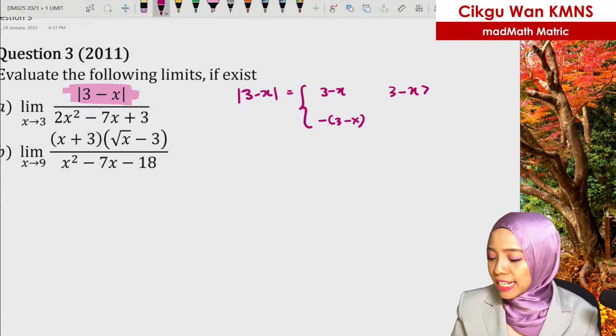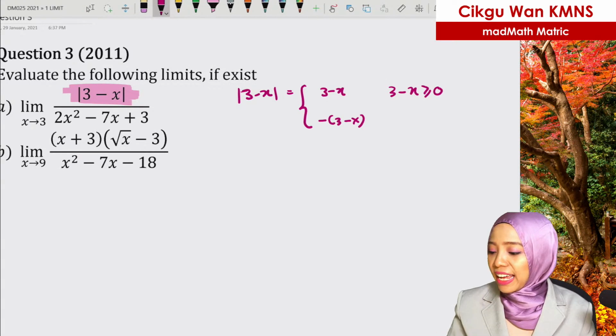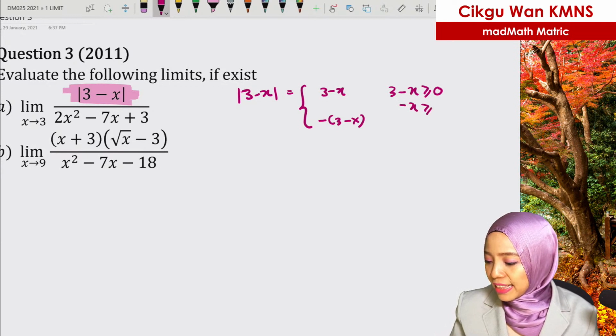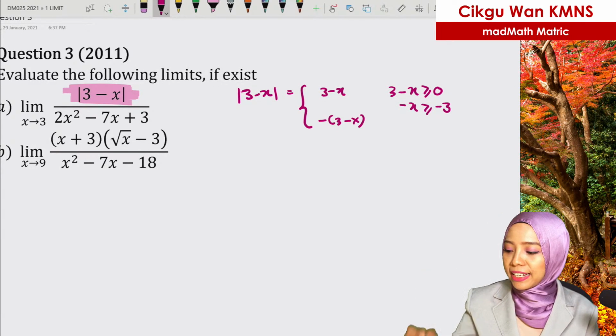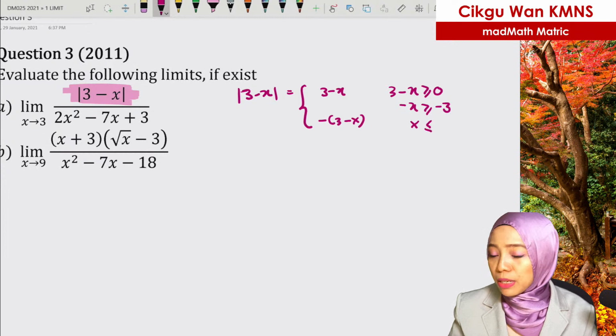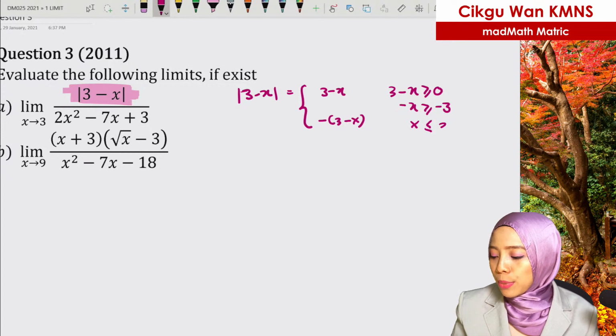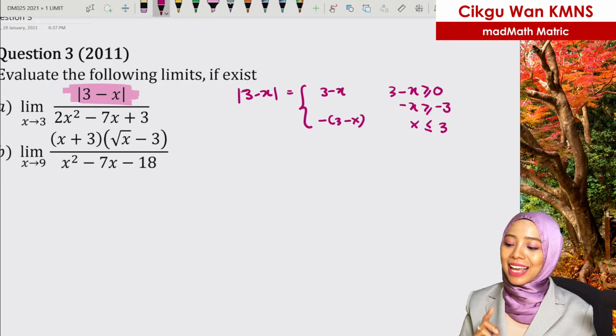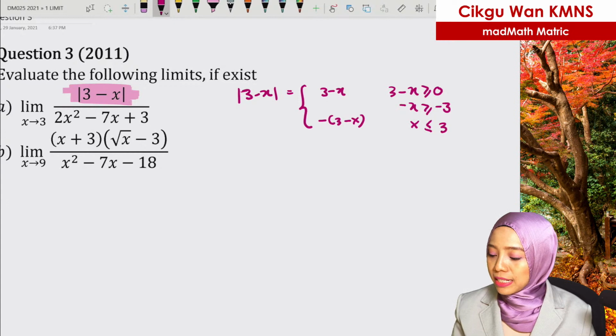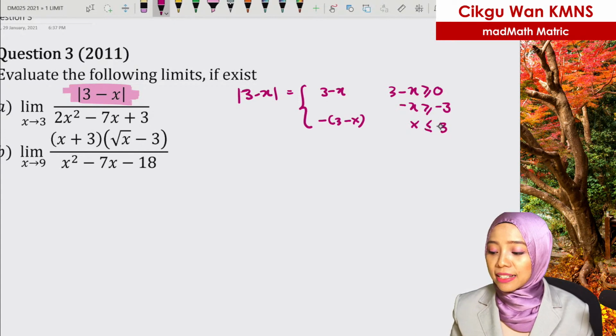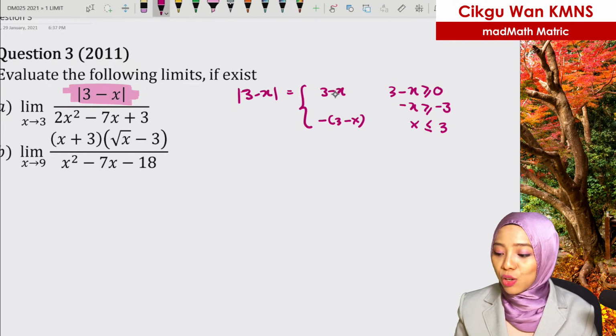3 minus x greater than or equal to 0, and then negative x is greater than or equal to negative 3. You bring it over, and then you divide with a negative number, you change the sign. So negative 3 over negative 1 becomes positive, so x is less than or equal to 3. So if you are finding limit x approaching 3 from the left, you are going to take the positive function.